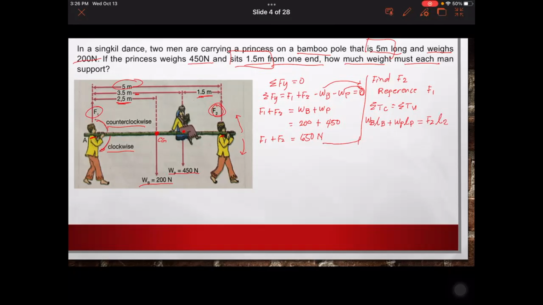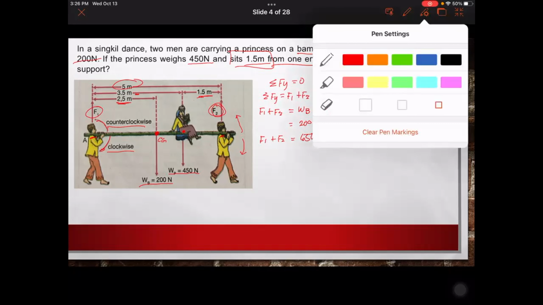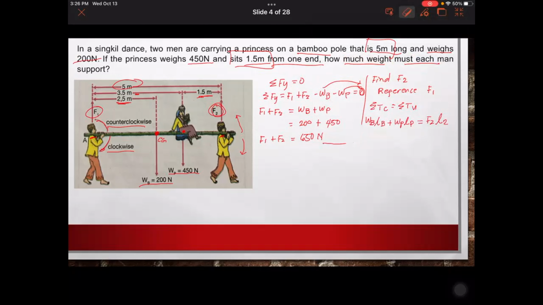So, the weight of the bamboo, what was the weight of the bamboo again? This will be 200 times its lever. What is its lever from F1? What is the distance from F1?